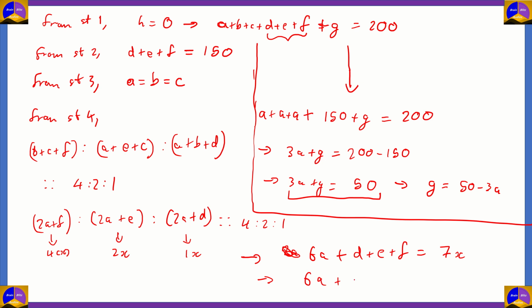So therefore, 6A plus 150 is equal to 7X. So from this equation, we know that 6A plus 150 is a multiple of 7.